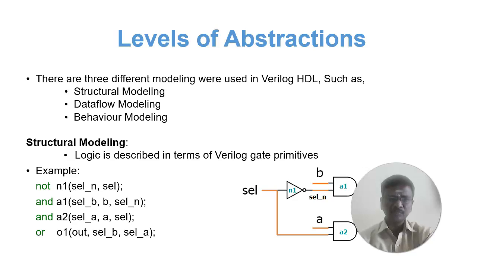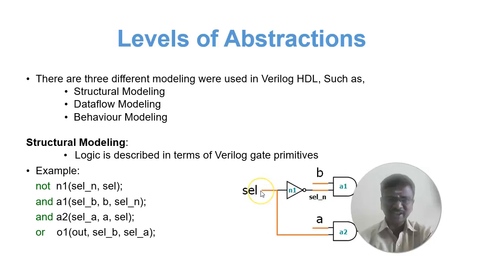For example, if you want to describe a circuit, here we are having two AND gates, one NOT gate and one OR gate. To represent this, here we are having NOT N1 of select. What are the input and output? This inverter has two ports, one input port and one output port.